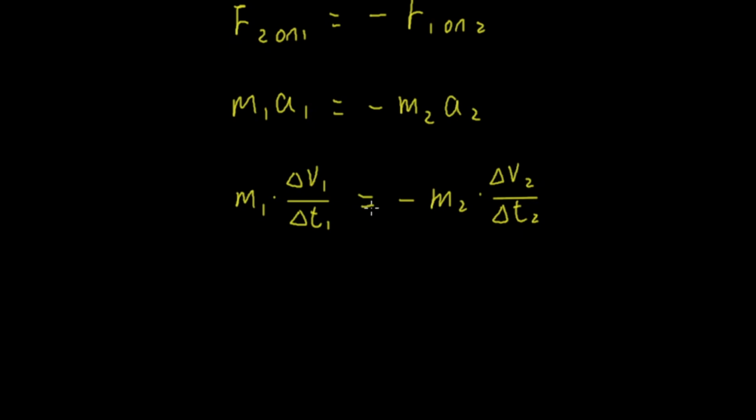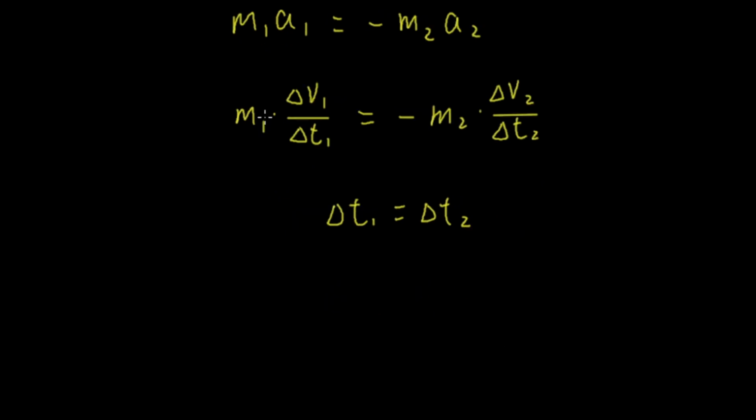Now, the time of force of ball 1 acting on ball 2 is the same as the force of ball 2 acting on ball 1. So change in time 1 is equal to change in time 2. We can say that. Then this and this cancel out. What we have left is m sub 1 times change in velocity 1 equals negative m2 times change in velocity 2.